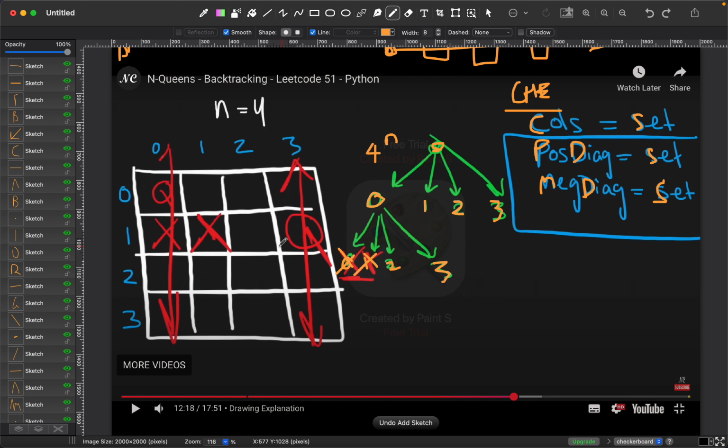You have the positive diagonal, and you also have the negative diagonal. For the negative diagonal, you notice that this thing is 2, 2, 1, 1.